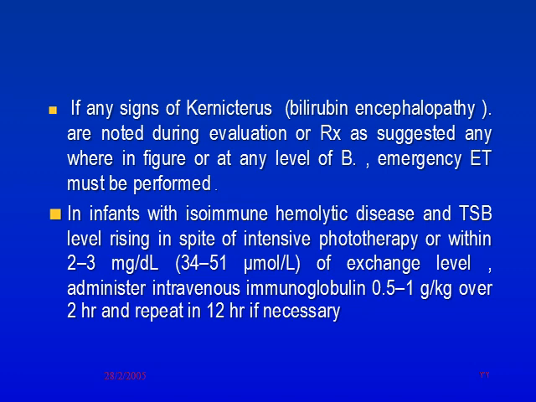An infant with isoimmune hemolytic disease and TSB level rising in spite of intensive phototherapy, or within 2 to 3 milligram of exchange level, we can give intravenous immunoglobulin, IVIG, 0.5 to 1 gram per kg over 2 hours and repeated in 12 hours if necessary. So this is the IVIG used in cases of isoimmune hemolytic anemia, I mean ABO and Rh incompatibility.